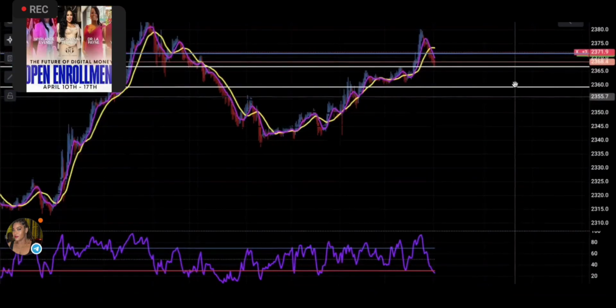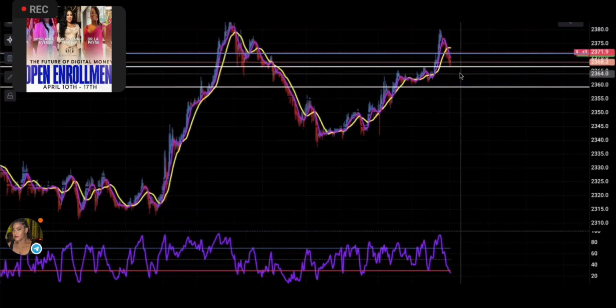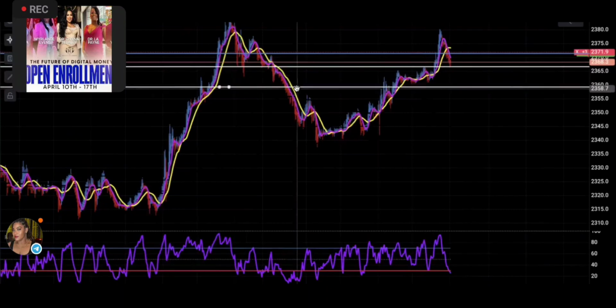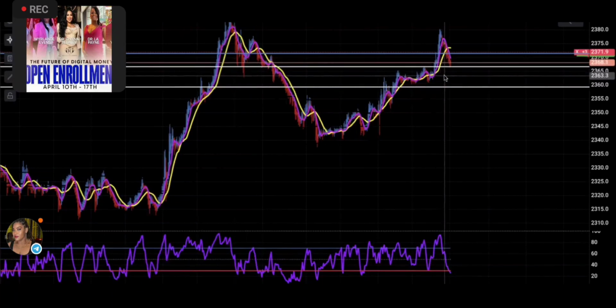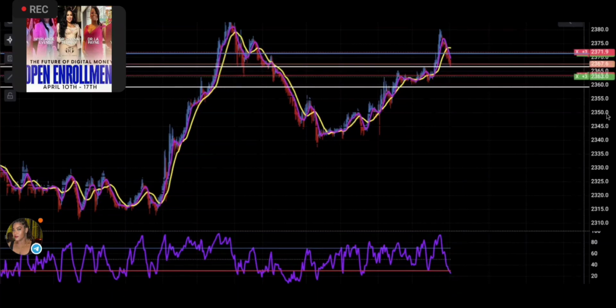Now, if I'm going to trade in this zone, let's look at our heavy consolidation here. If I were to trade in this zone, I want to make sure I'm in a good spot. So here I'm going to look to get in at about 2363.4 on futures.